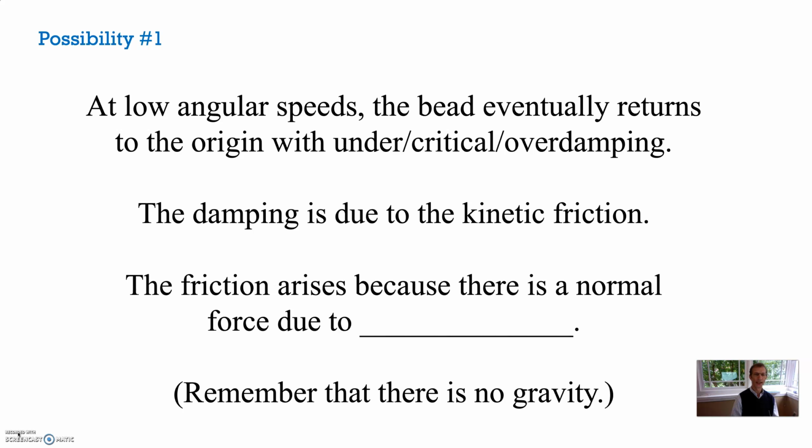Possibility number 1. At low angular speeds, the bead will eventually return to the origin due to the undercritical or overdamping of the motion. The damping results from the kinetic friction. But remember, I said the rod was in gravity-free space. So the friction arises because there's a normal force due to what, given that the bead has no weight?